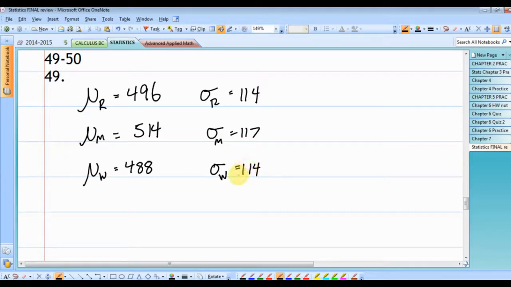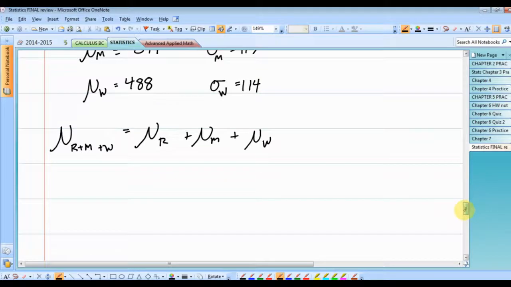We're going to go ahead and combine these, okay? So the first thing is our mean. We need to know the mean of writing plus math plus reading. And that's going to be the mean of reading plus the mean of math plus the mean of writing. Means are nice because everything just adds together. What is this equal to?